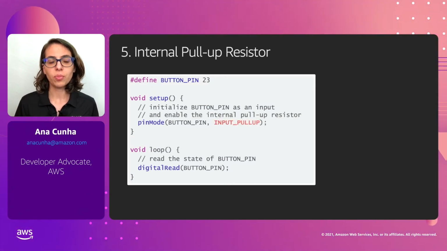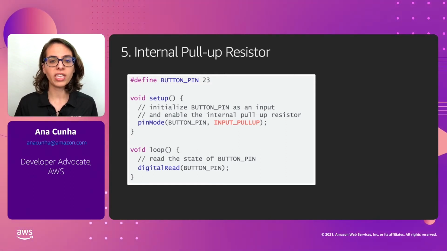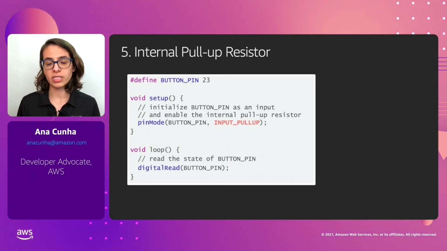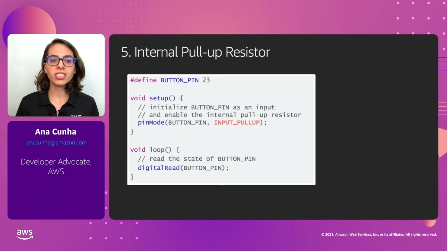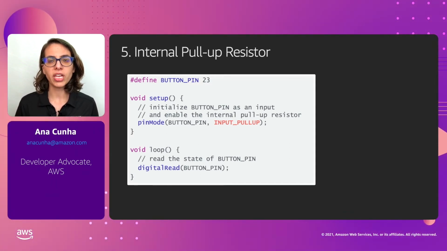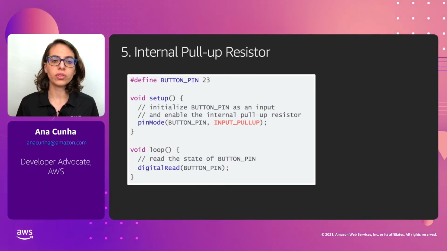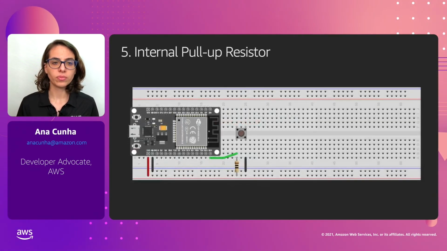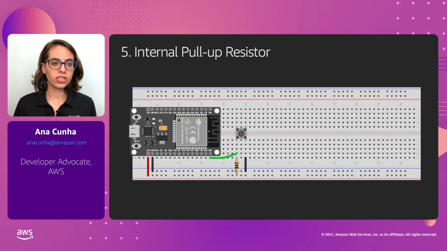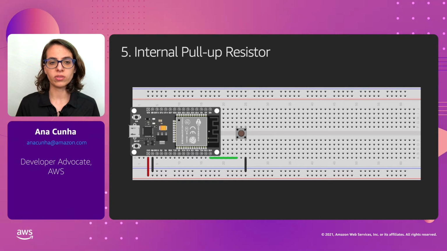This is done by using the constant INPUT_PULLUP when setting the pin mode. By using INPUT_PULLUP instead of just INPUT when configuring our pin, we're enabling the internal pull-up resistor that we have on the ESP32 board, and we're no longer going to need the external resistor. So we can just remove this and keep our circuit as it was.